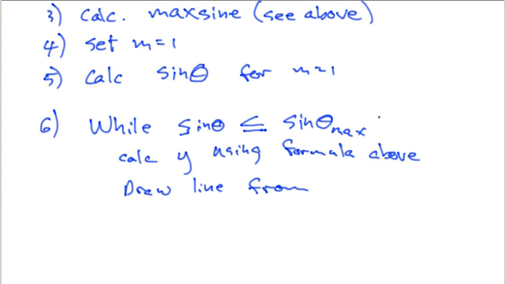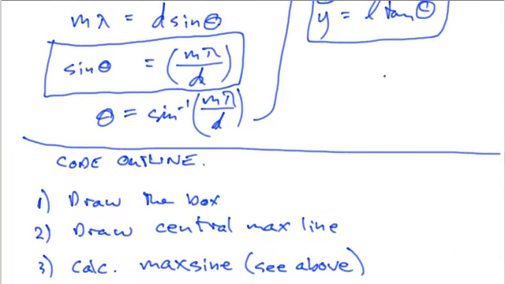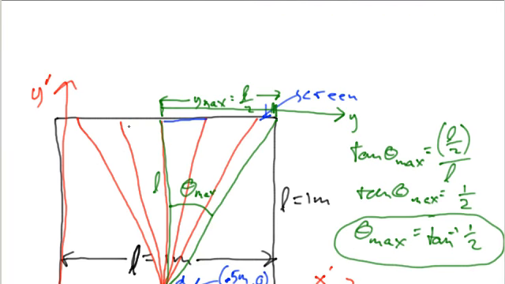So draw a line from 0.5 meters, comma 0 to, now when m is equal to 1, I've got to draw it to this position and this position.